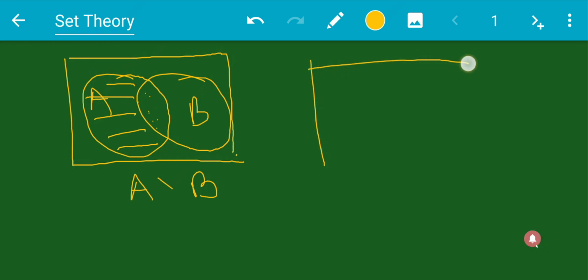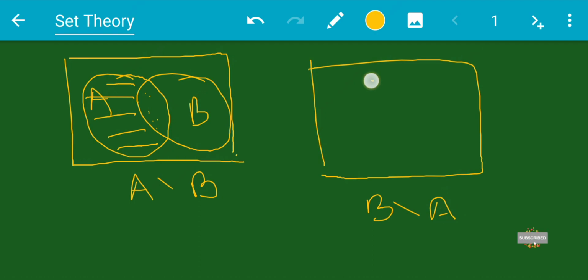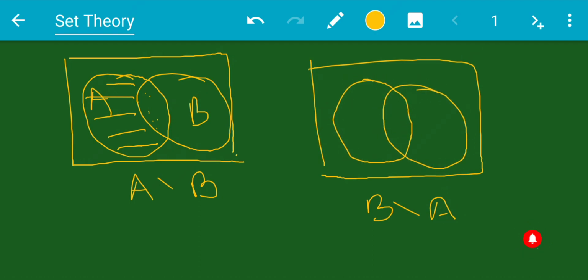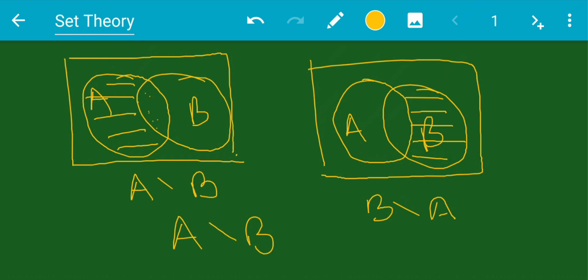Similarly for B difference A, we include only this B portion, not the common part with A. So one thing you can see from this is that A difference B is certainly not equal to B difference A.